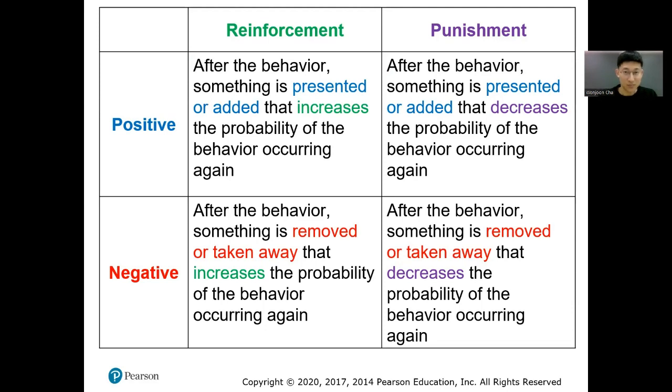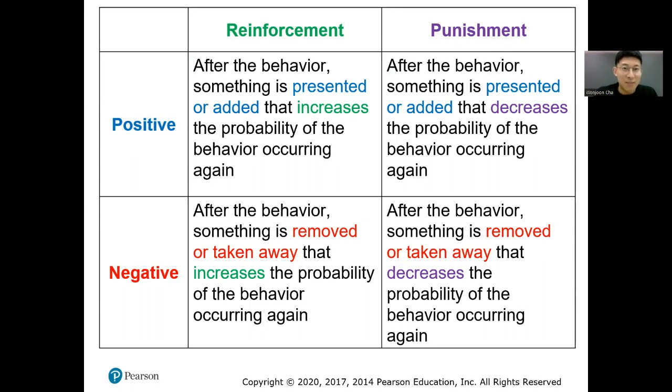the table. If after the behavior, something is presented or added that increases the probability of the behavior occurring again, then it is positive reinforcement. However, if after the behavior, something is presented or added that decreases the probability of the behavior occurring again, then it is called positive punishment.